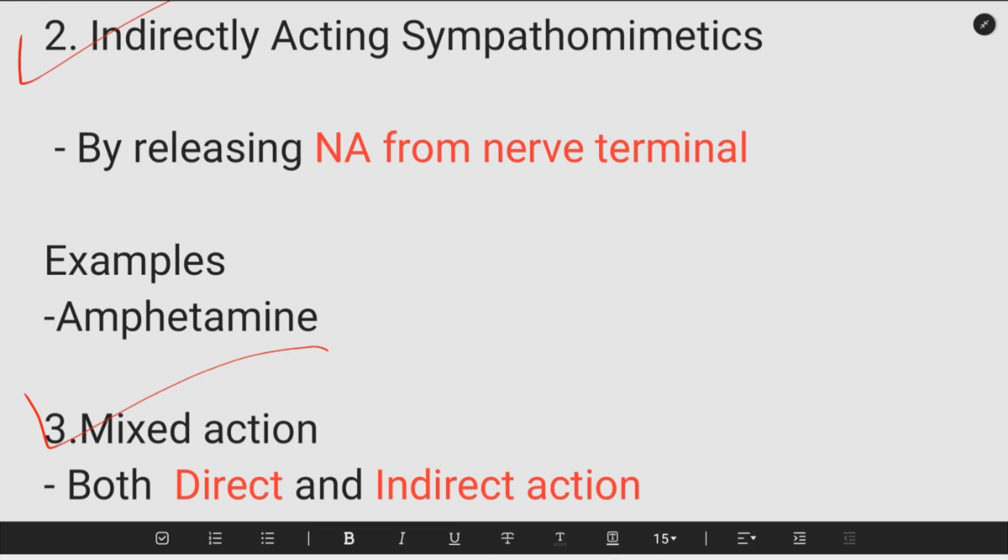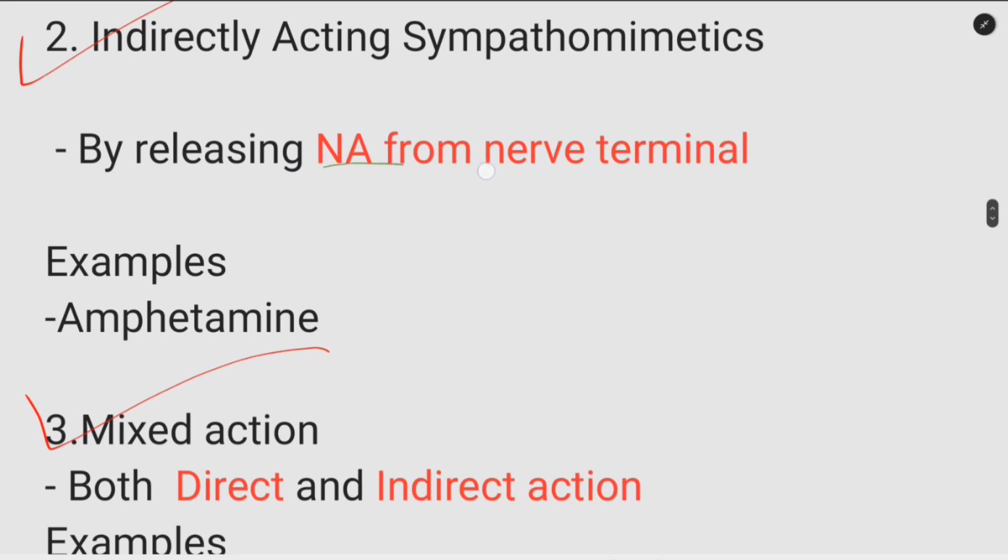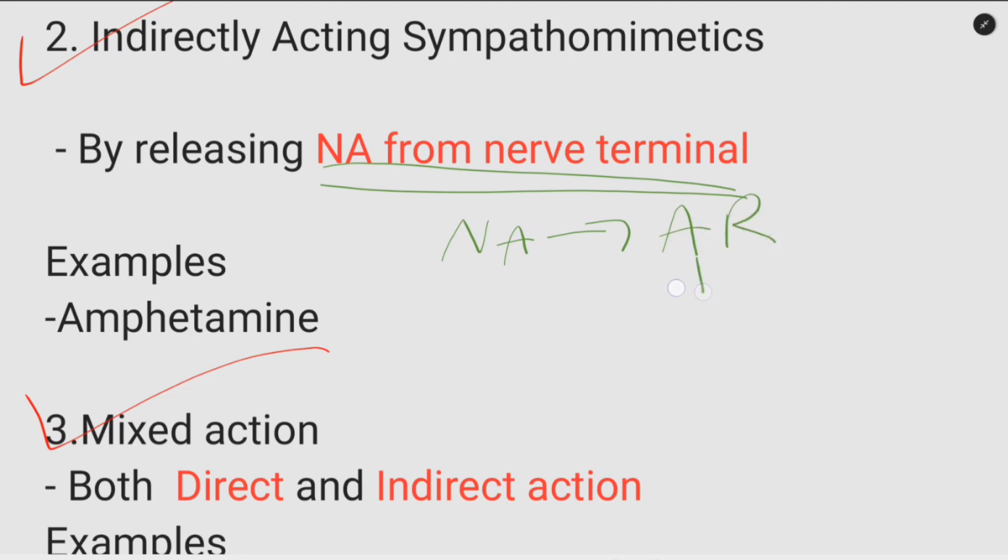Indirectly acting sympathomimetics cause release of noradrenaline from the nerve terminal. As you all know, noradrenaline is a neurotransmitter of the sympathetic nervous system.